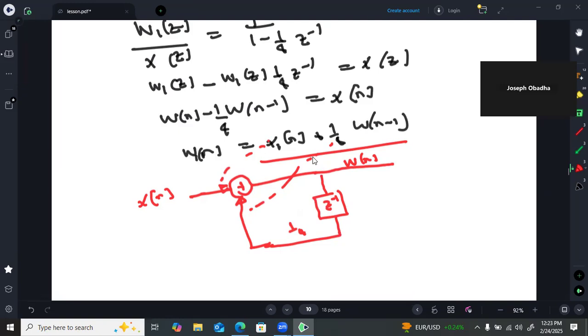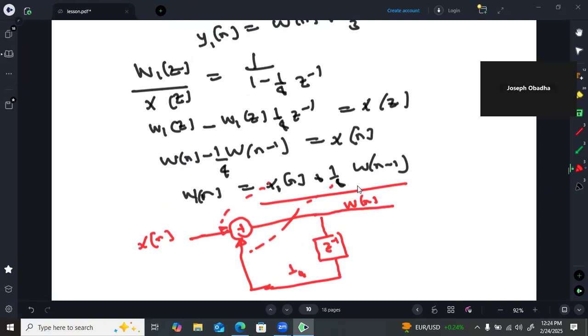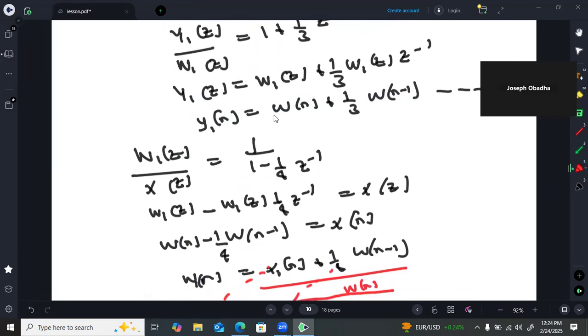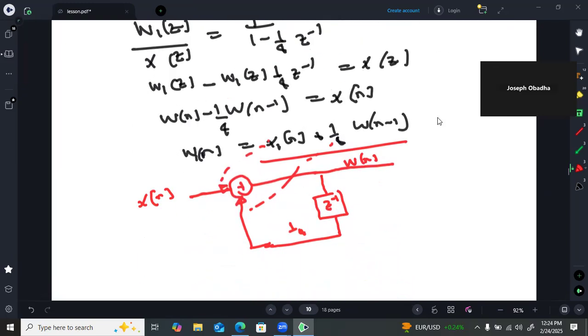Then the second part is here, where we are going to get y1[n].